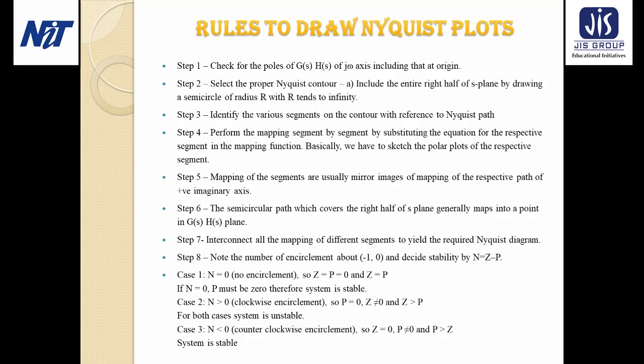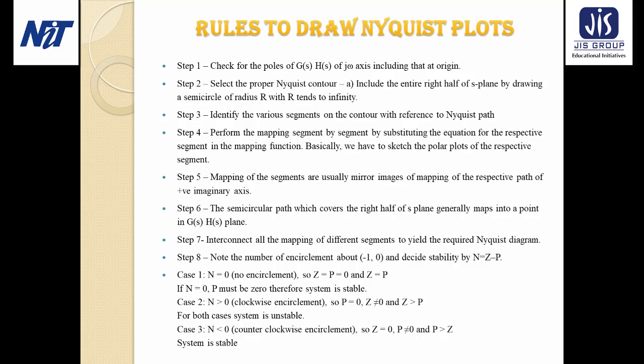Next, the semicircular path which covers the entire right hand side of the S plane generally maps into a point in the G(s)H(s) plane. So, after mapping all the different segments, we need to merge them and interconnect all the mappings of the different segments to find out the required Nyquist diagram.